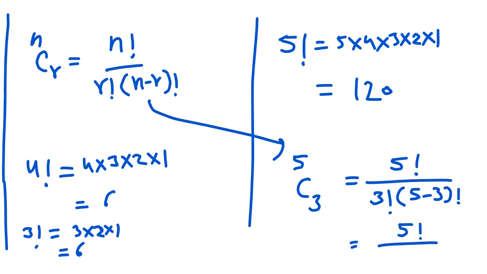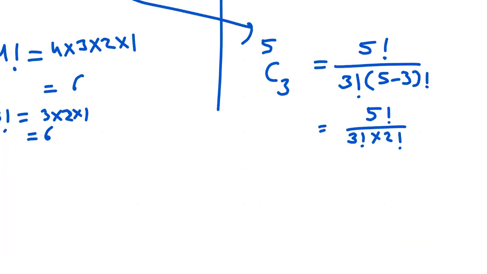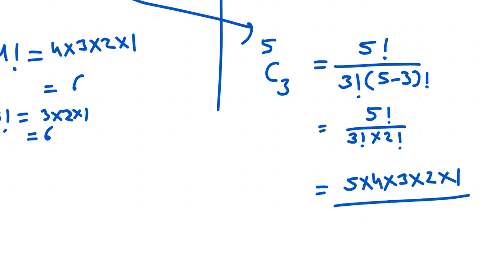Now let us find its value. Factorial 5 is 5 into 4 into 3 into 2 into 1, factorial 3 is 3 into 2 into 1, and factorial 2 is 2 into 1. We can cancel 3 with 3, 2 with 2, and so we will get 10.